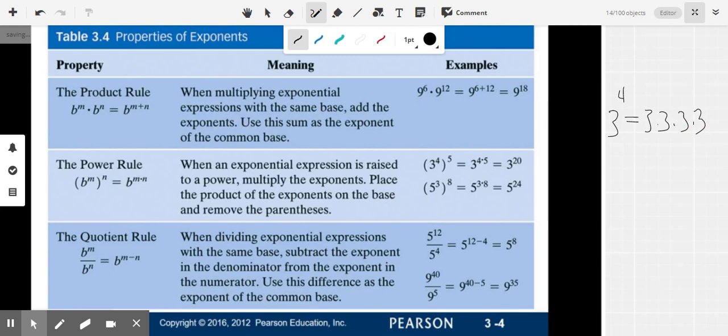So 3 to the 4th would be 3 times 3 times 3 times 3. Or x to the 3rd, we know would be x times x times x.